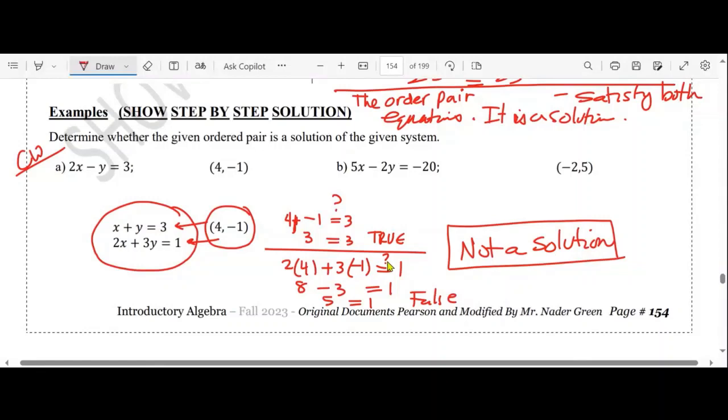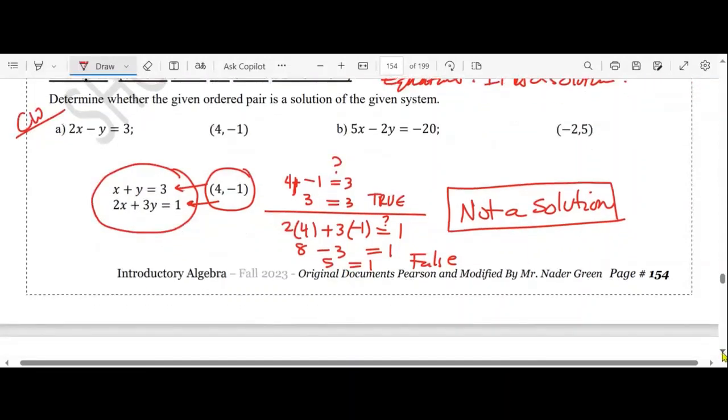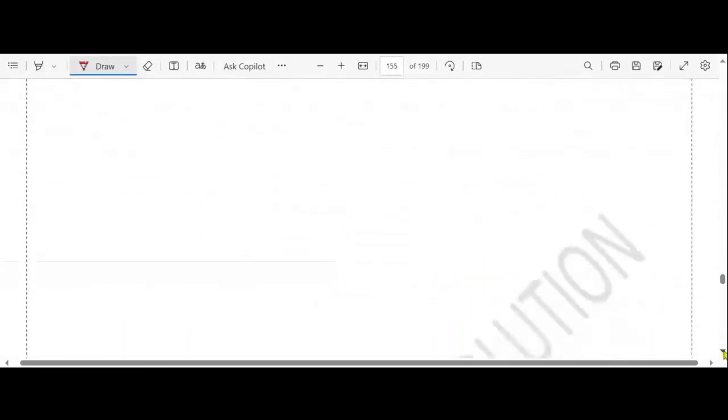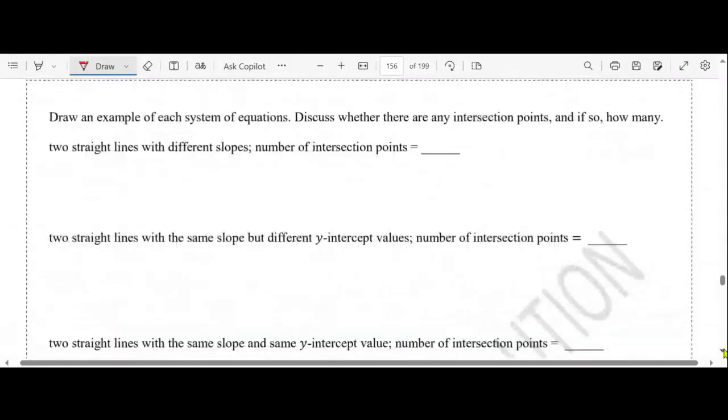Why? Because both of them have to be what? True, right? Okay, I'll leave this to you to do for classwork, okay?